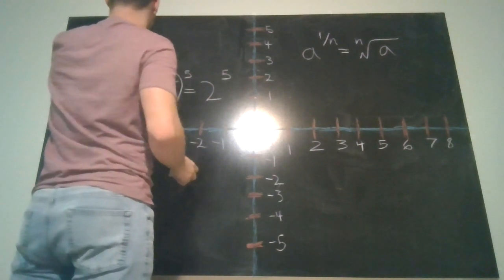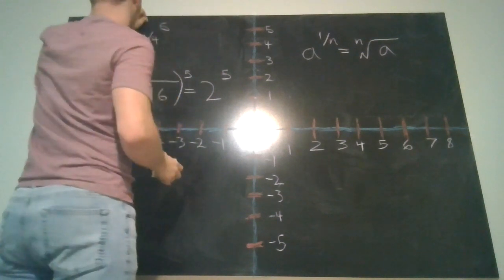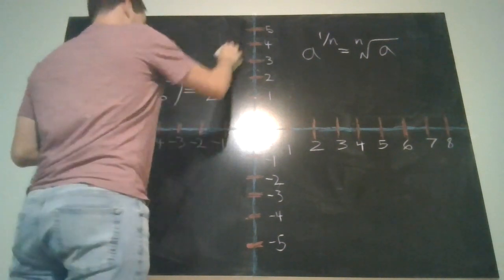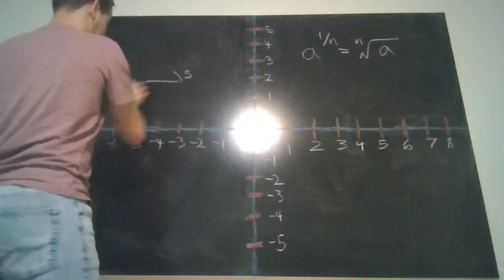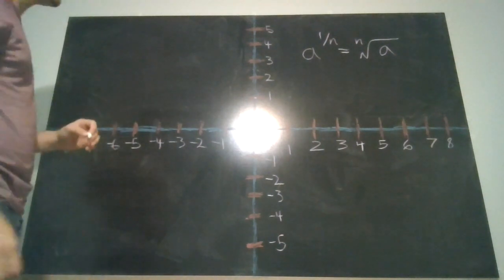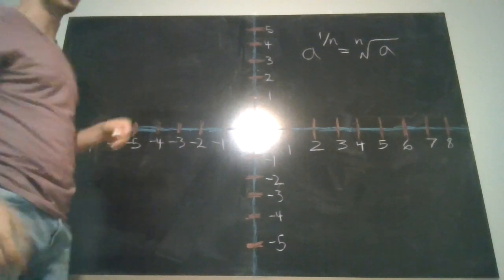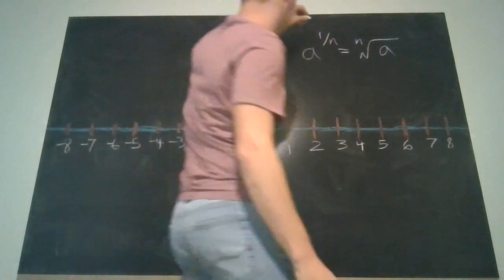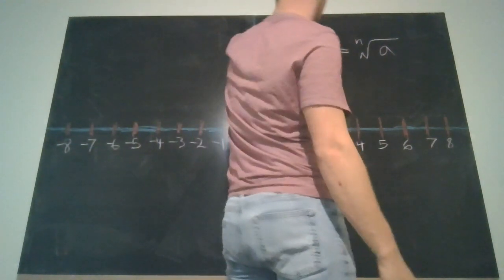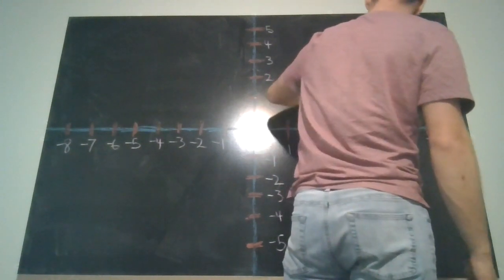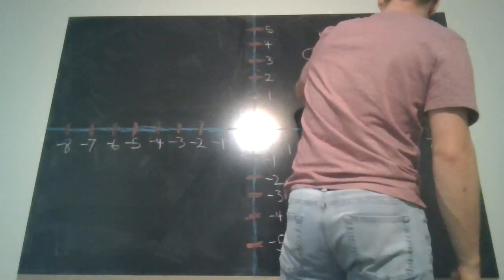If you're taking a number, raising it to an exponent, and then raising that end result to another power, then because of the rules of exponents, that's equal to the product of those exponents. So you really are just able to do a to the b over n becomes the nth root of a to the b.